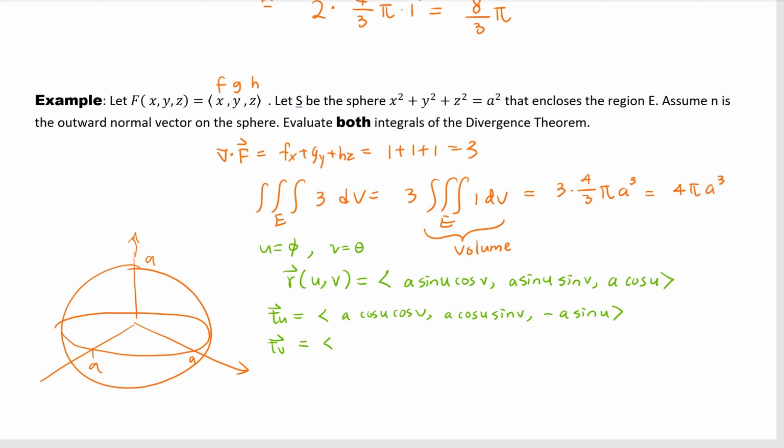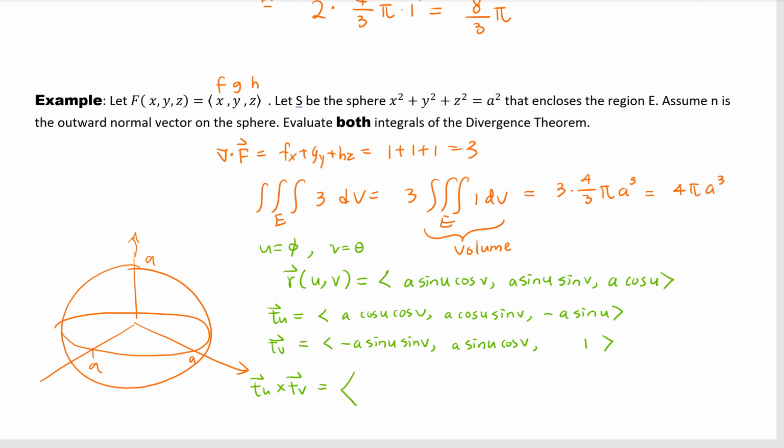Tv: the derivative of cosine is minus sine, so minus a sine u sine v, and the derivative of sine is cosine, a sine u cosine v, and 0. Okay. And what's Tu cross Tv?